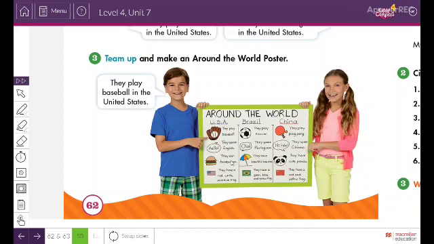What is the special thing from that country? The USA is so popular with the hamburgers. Brazil is popular with beautiful beaches.